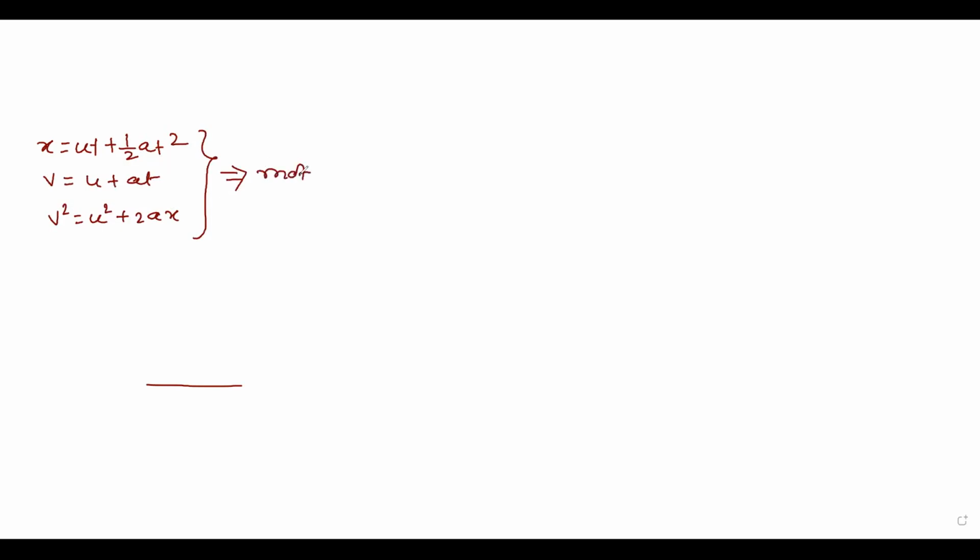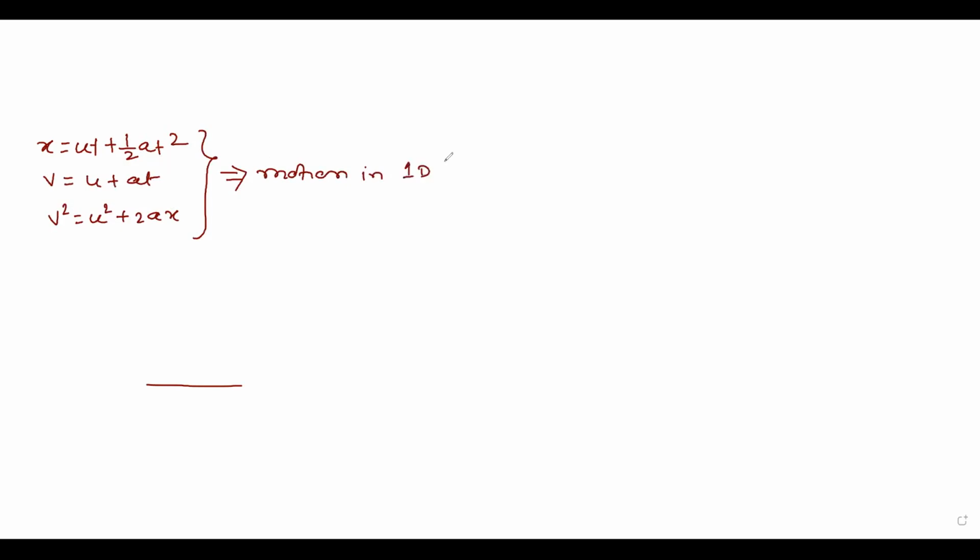So, you know that we have studied the equations of motion in constant acceleration, like x equal to ut plus half at square, v equal to u plus at, v square equal to u square plus 2ax. All these equations we have studied in one dimension, motion in one dimension.